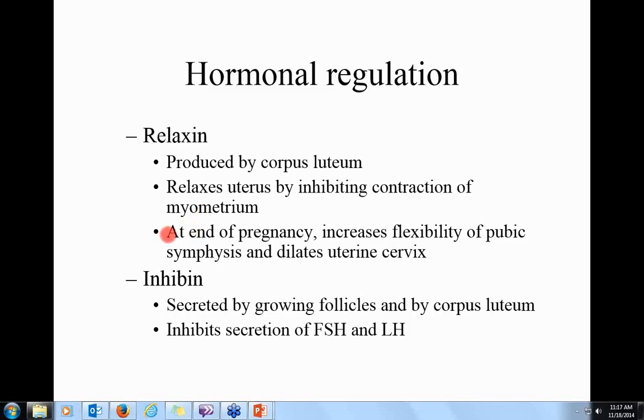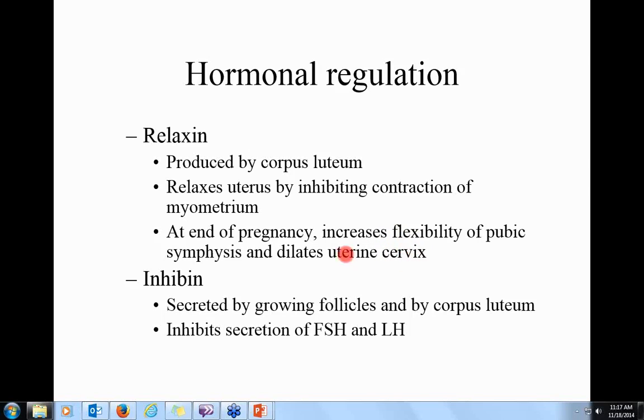At the end of pregnancy, it increases flexibility, particularly of the pubic symphysis, and it helps to dilate the cervix. With the increased flexibility of the pubic symphysis, not only the baby's head, but the shoulders also have to fit through the pelvic brim in order to exit the birth canal. So this is very important.